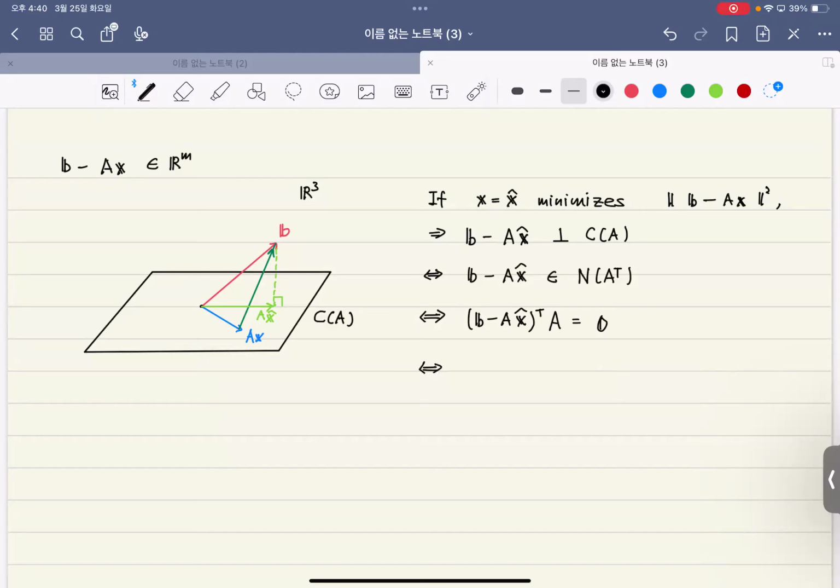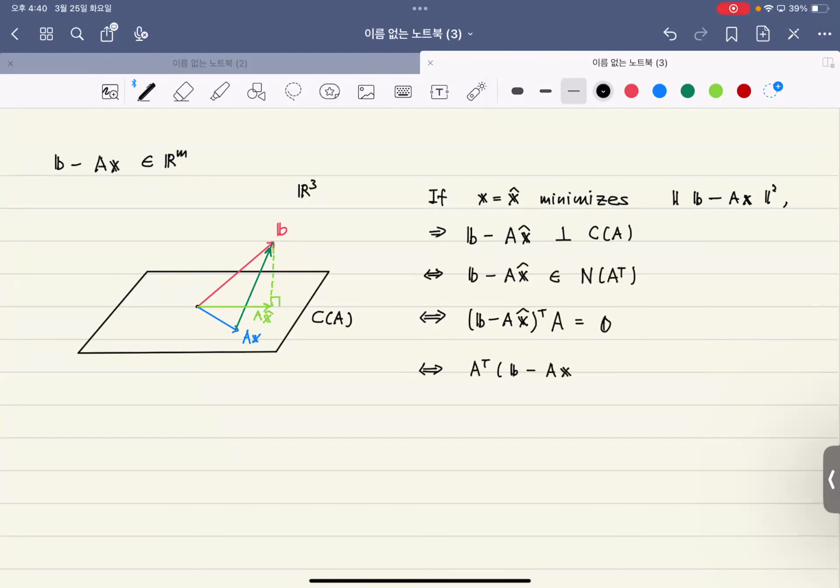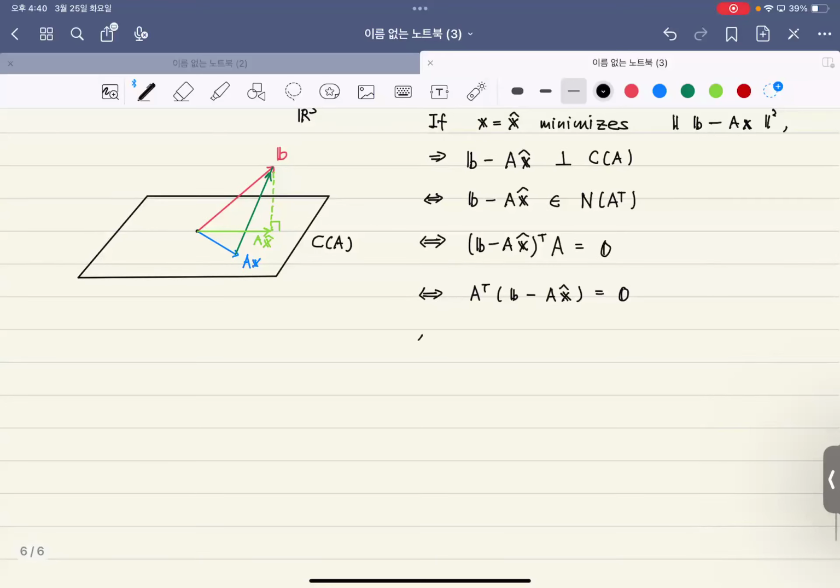So in other words, A transpose times (B minus A X hat) is the zero vector. And in other words, A transpose A X hat is A transpose B.